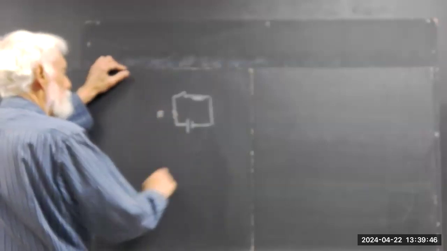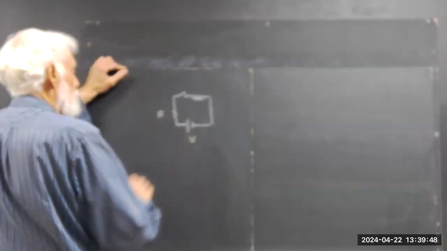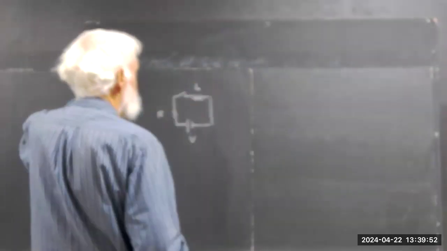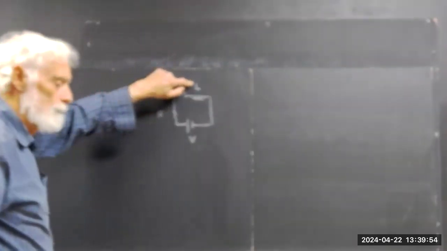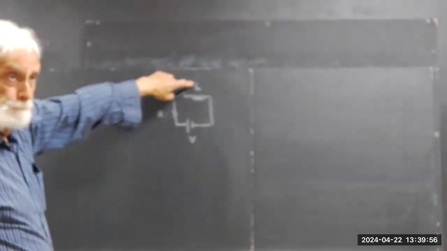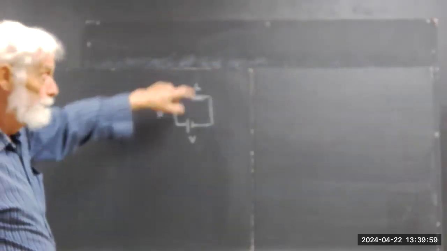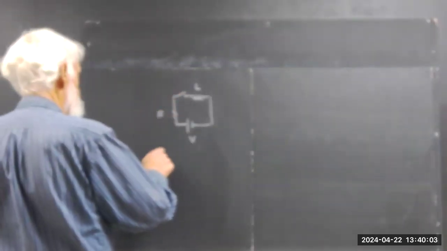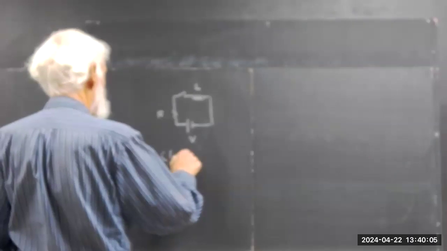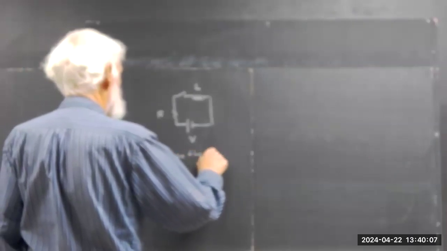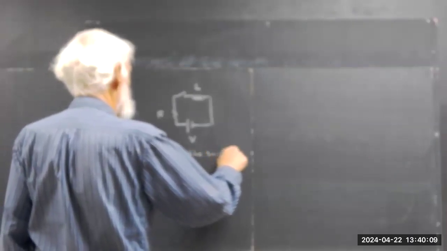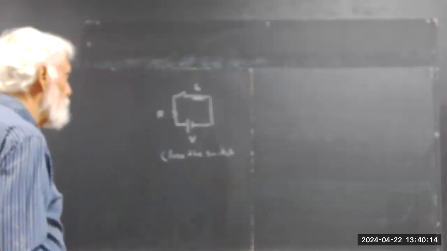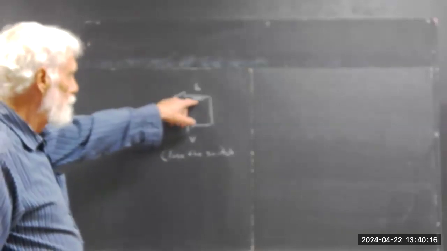So the resistor has resistance R. The source has a voltage V. This thing has inductance L. Okay. Close the switch. What happens? Current starts flowing.